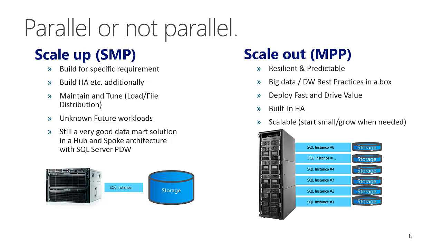And once this one rack is full, you can start putting new hardware to a second rack. So you can scale out by adding new servers and new disks to this appliance. And PDW actually scales out to several appliances and up to 6 petabytes basically. So it's really a scalable solution.